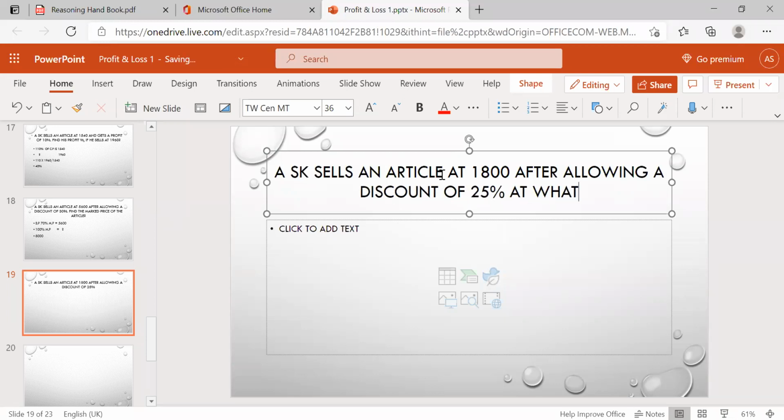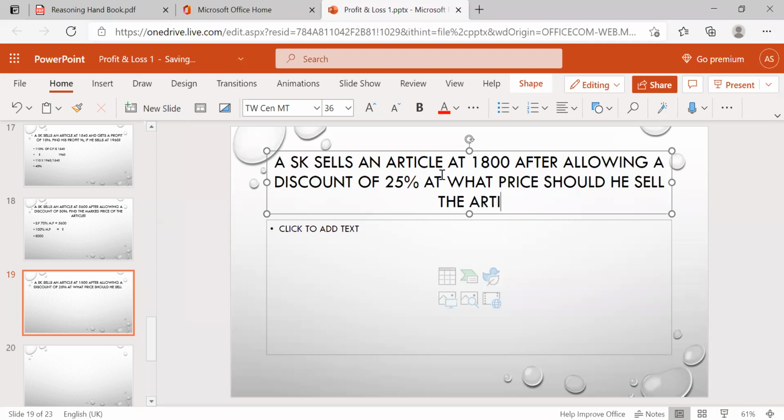At what price should he sell the article if he allows a discount of 10%? So find the answer for this.